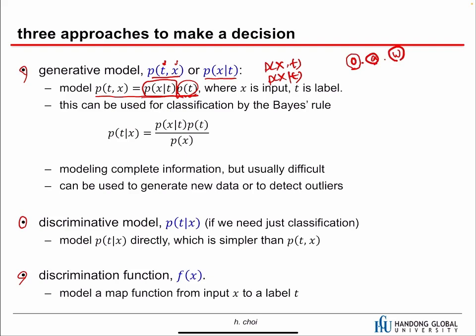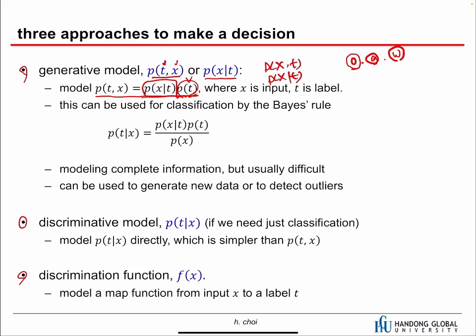So we can get the prior distribution of these classes. And sometimes if you have no idea about these prior distributions, then a uniform distribution would be possible. Anyway, we can have these prior distributions.